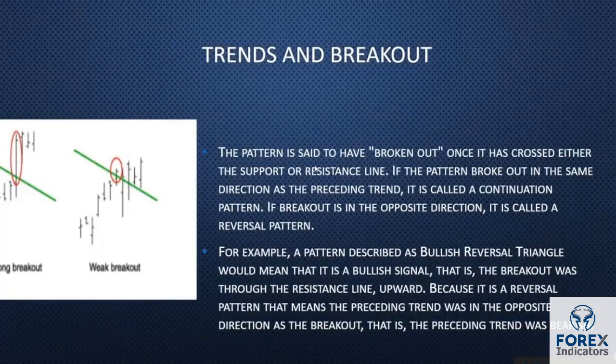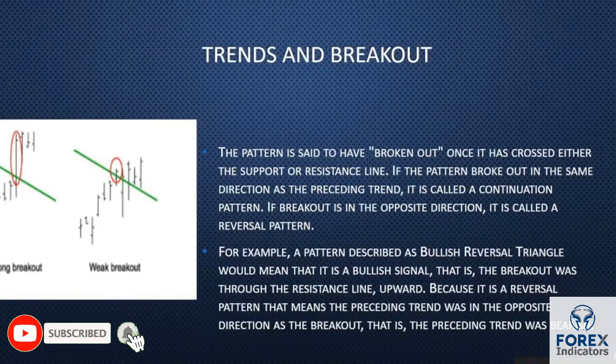Okay. So the pattern is said to have broken out once it is across either the support or the resistance line. If the pattern broke out in the same direction as the preceding trend, it is called a continuation pattern. So in other words, if you're in an uptrend and the price breaks out upward, it is considered a continuation.